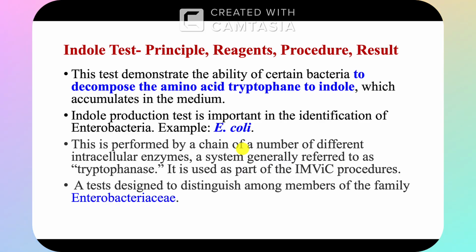Indole production test is important in the identification of enterobacteria, especially E. coli. Only E. coli is positive and the other members of Enterobacteriaceae are negative. This reaction is performed by a number of different intracellular enzymes produced by bacteria.